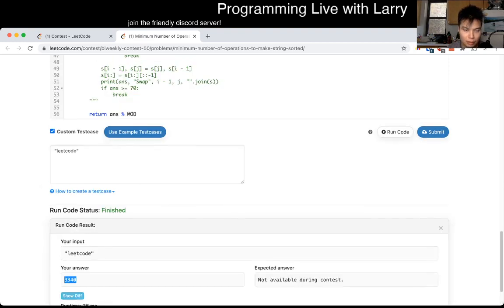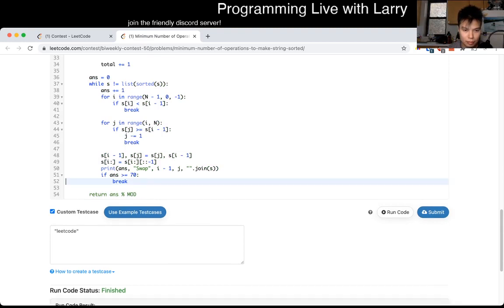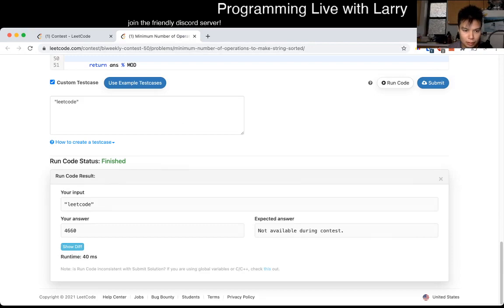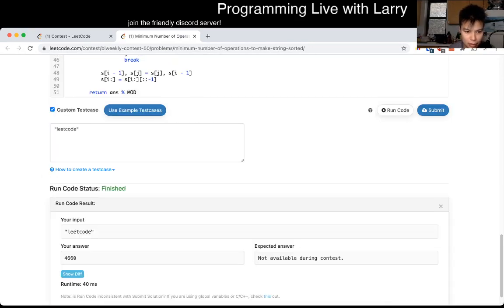What is the answer here? 320. So I'm probably off by a little bit of a constant. Let's try something dumber.